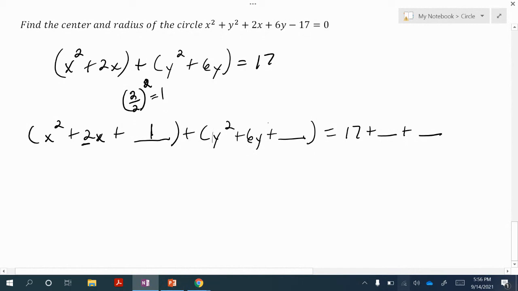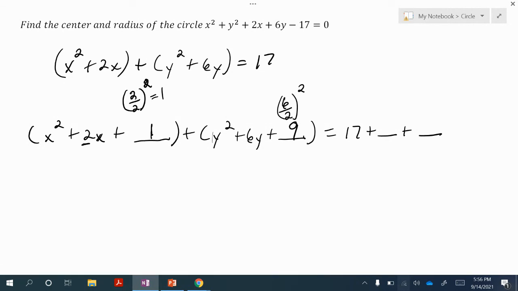In order to complete the square, we're going to take the coefficient, which is the number part of our middle term, which is 6. We're going to divide that by 2 and square it. So 6 divided by 2 is 3, and 3 squared is 9.